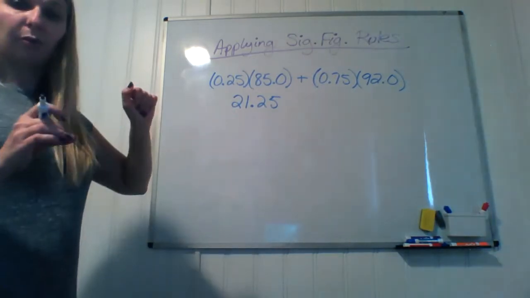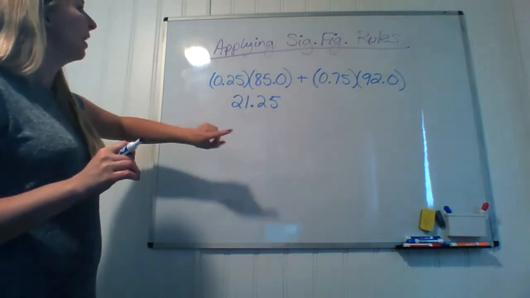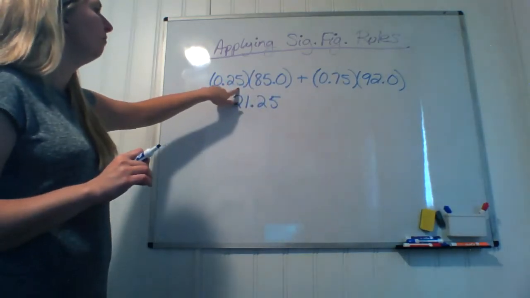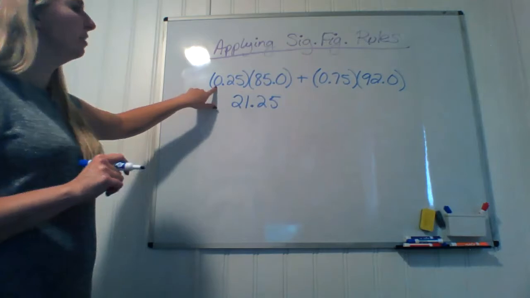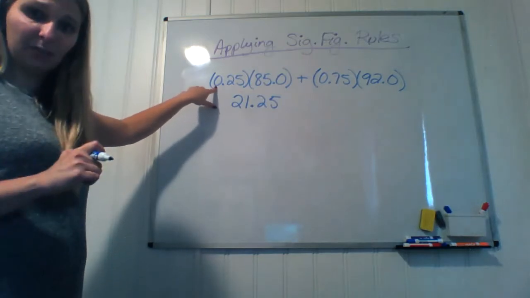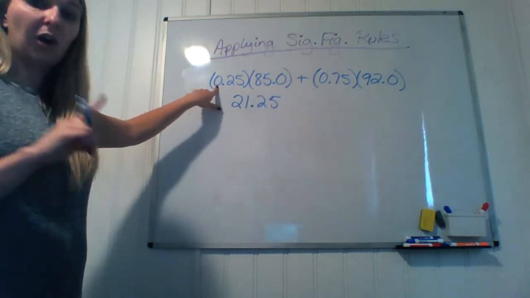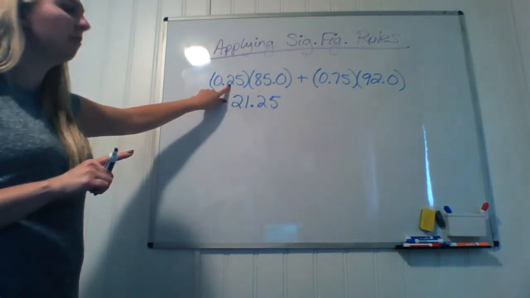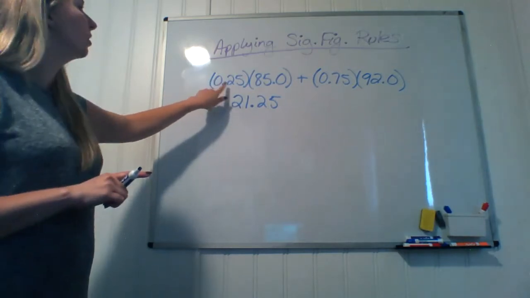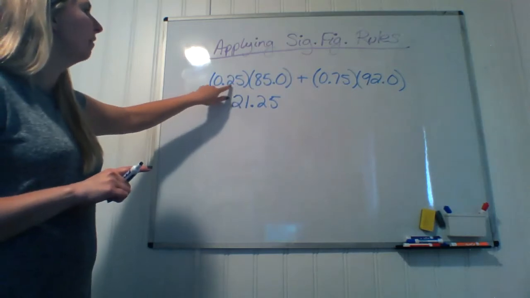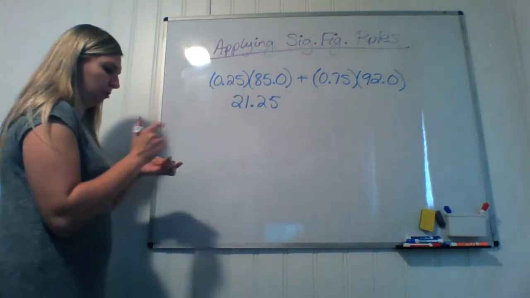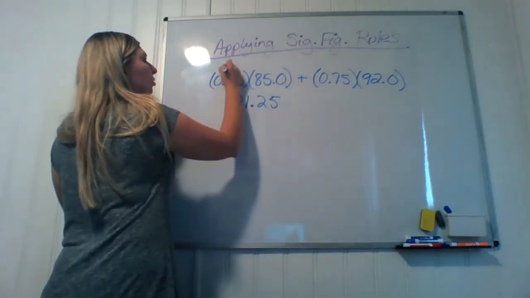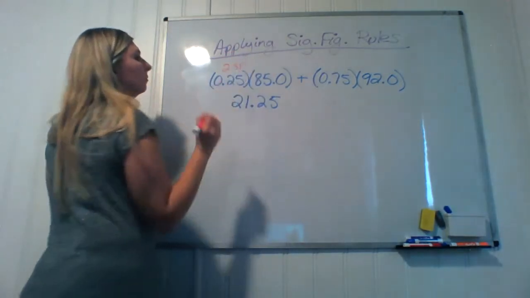Okay, so now looking at the operation here, we had 0.25. Now this first zero is called a leading zero. Leading zeros are not significant. We do not start counting until we reach the first non-zero. So in 0.25, we have two significant figures. Okay, so here we have 2 sig figs.